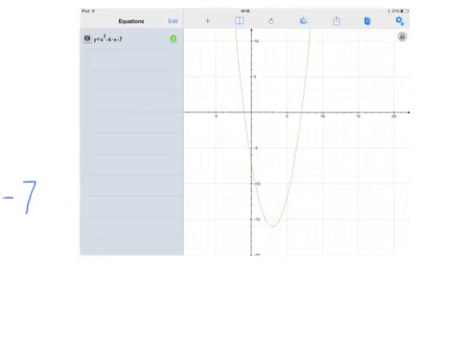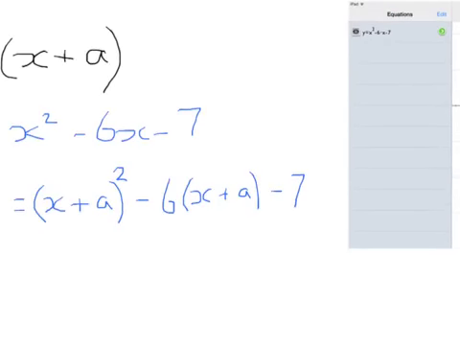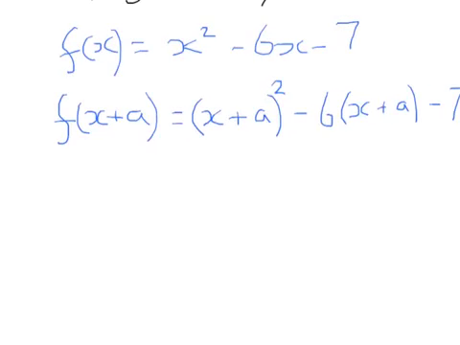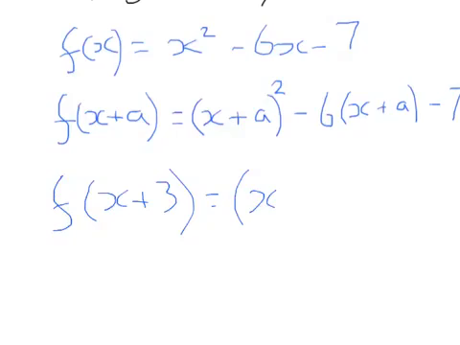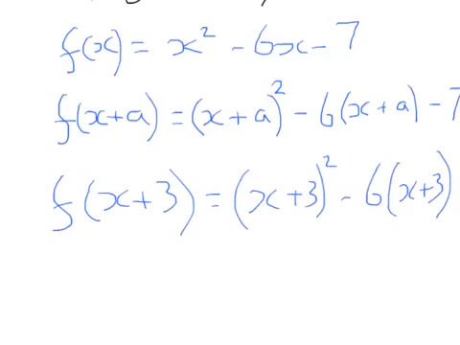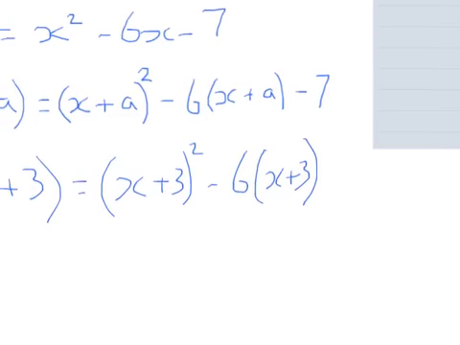We're starting with this x squared minus 6x minus 7. What I'm going to do to that is I'm going to do my function of x plus 3 within a bracket. So what would f of x plus 3 be? Instead of a, now let's use a 3, so that should be x plus 3 squared minus 6 lots of x plus 3, and then minus 7 at the end.